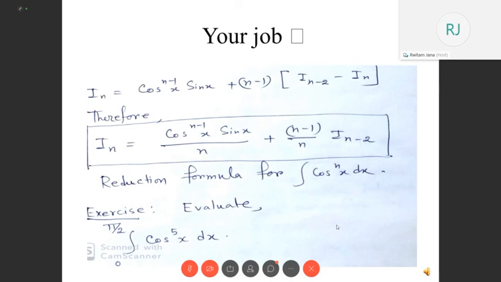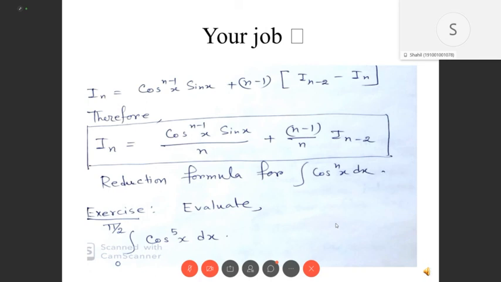Then put n equals to 3 value in your reduction formula, then you will get I3 value. Yes, I'm getting 4 by 5 I3. This I3, when I integrate, when I solve this, I always get cos cube x. Means I'm getting I3 repeatedly.